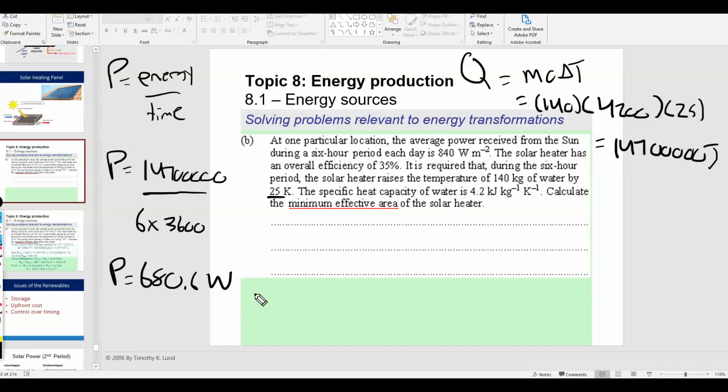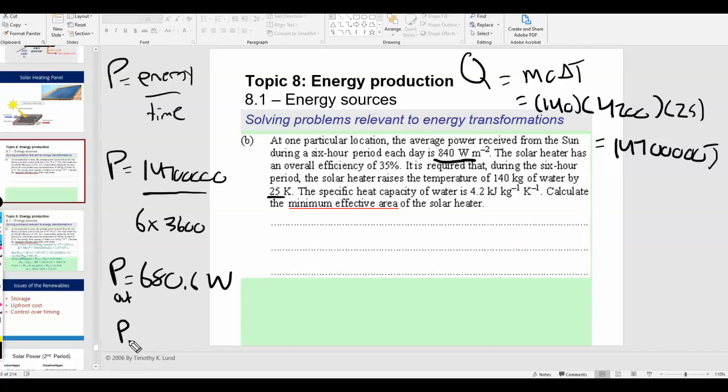Now, the question also tells me the intensity received from the sun is 840 watts per square meter, and that the efficiency is 35%. So this is basically my output power. I need this to be my P out, because I need this many joules per second to heat my water. So what P in do I need?